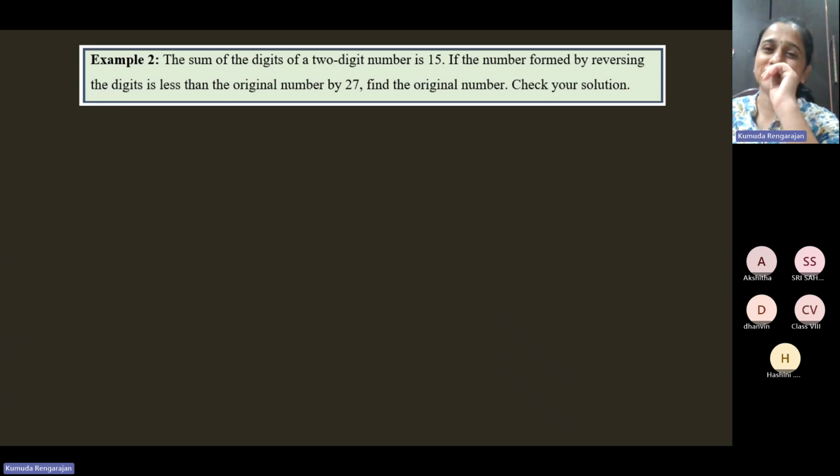Two-digit number, equal to 15. What is the number?